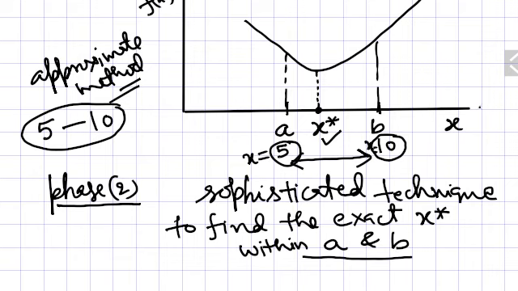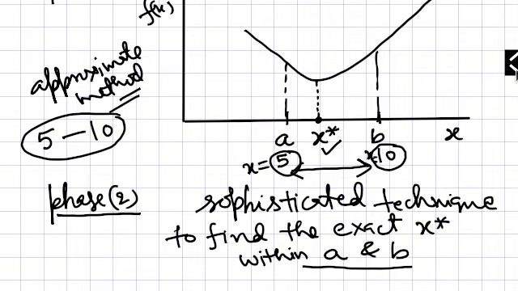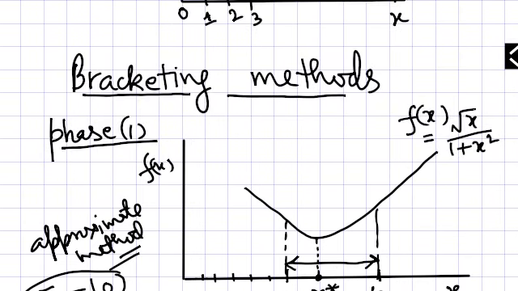If you don't find the bracket, you will just waste resources, because this highly precise technique would have to search everywhere. So you reduce its search limit to the bracket, because now you know your minimum is lying between these points. This is the basis for bracketing methods.